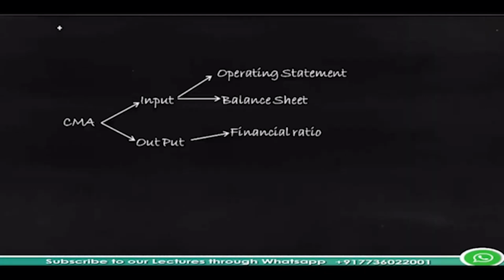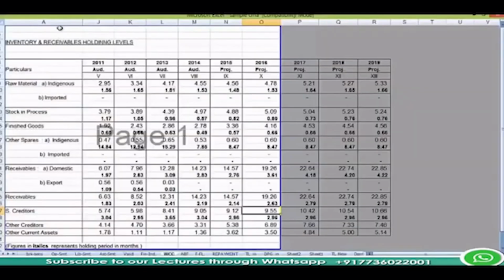The second output you would get would be the holding level sheet. This sheet basically talks about the levels of current assets and current liabilities maintained by the customers. You will have it as WCC, that is the working capital holding level sheet.